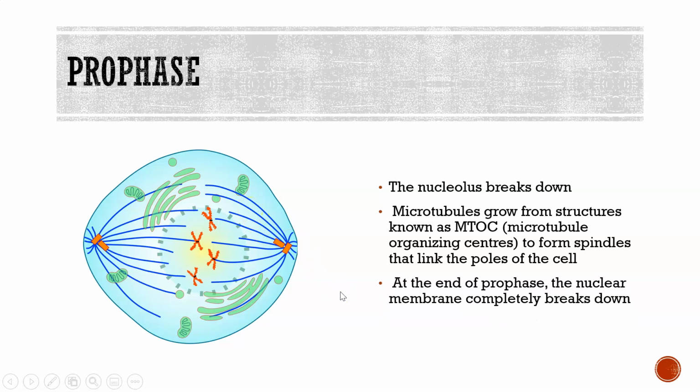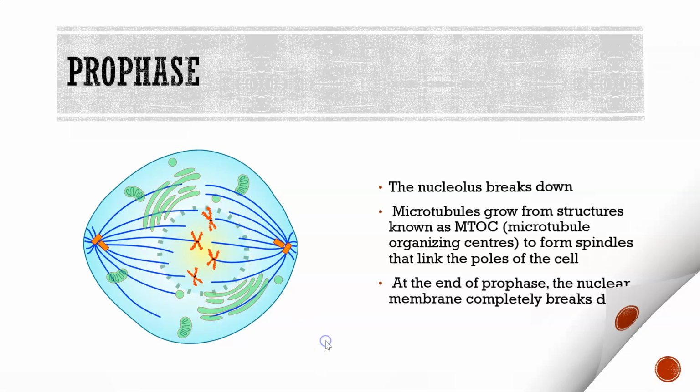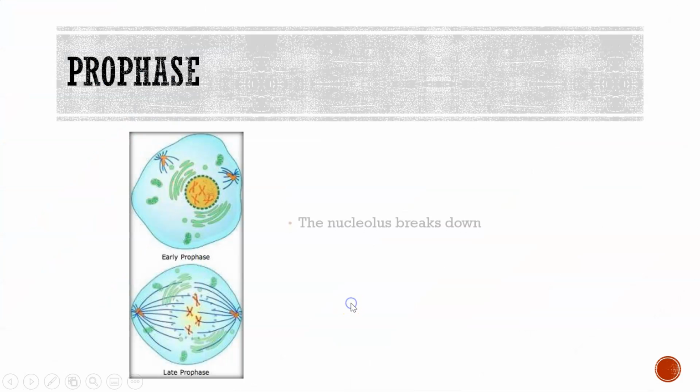At the end of the prophase, the nuclear membrane is completely broken down, so we've got no nucleus. This is where the nucleus would have been. Still in the prophase, we've got two diagrams here, the early prophase and the late prophase, where the nucleus is broken down and our spindle fibres have come out to the chromatids.